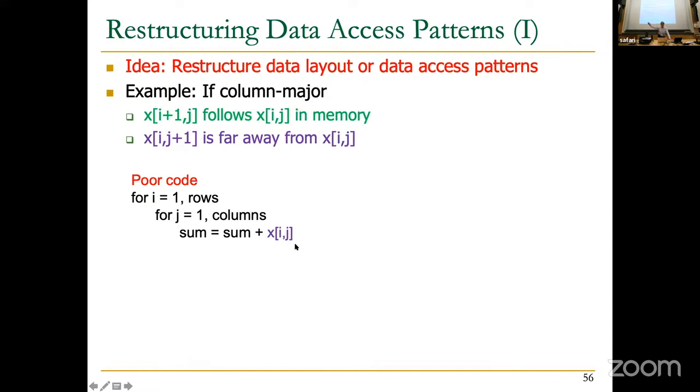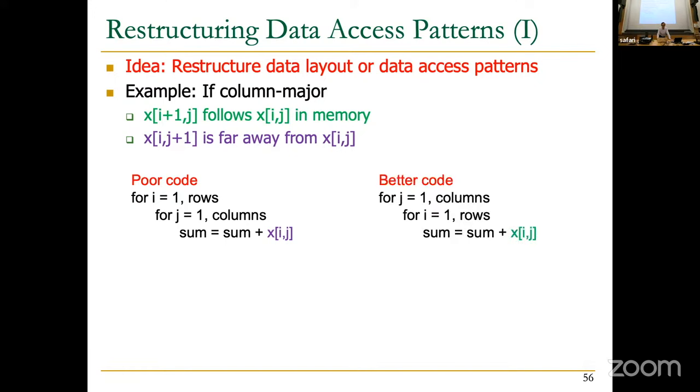Basically, it's touching other columns, right? So you can fix this relatively easily by doing a loop interchange. You interchange the inner loop with the outer loop, and you still get the same sum, as you can see. Basically, this is much nicer. What you're doing is consecutive iterations of the inner loop are touching consecutive locations in memory, right? That's the idea over here.